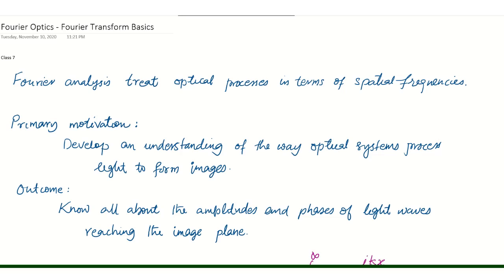And now that we have done Fresnel and Fraunhofer diffractions, we may now start looking at how the principles of the Fourier theorem can be applied to optical systems, like image formation and diffraction.